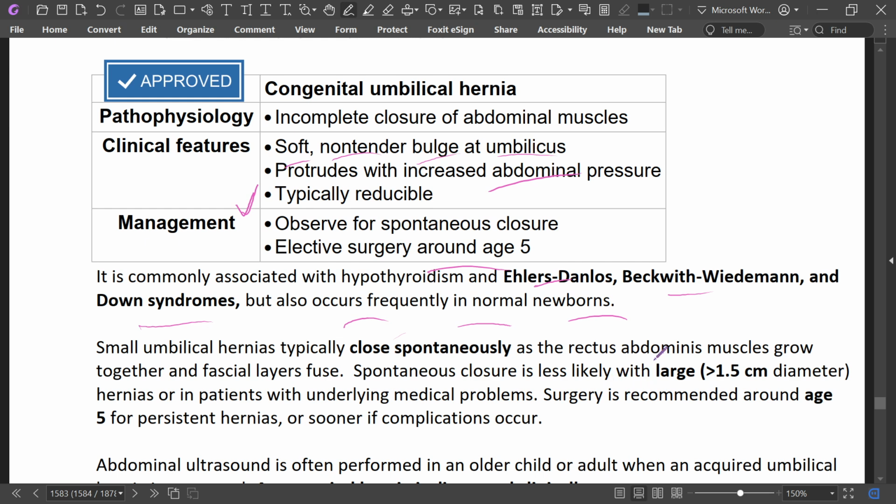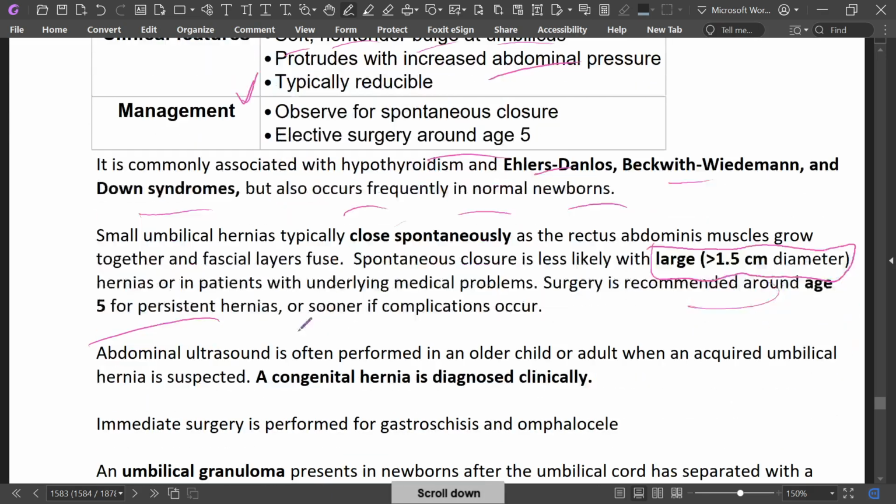Spontaneous closure is less likely if it is large, more than 1.5 centimeter diameter. Surgery is recommended around age 5 for persistent hernia, or sooner if complications occur.